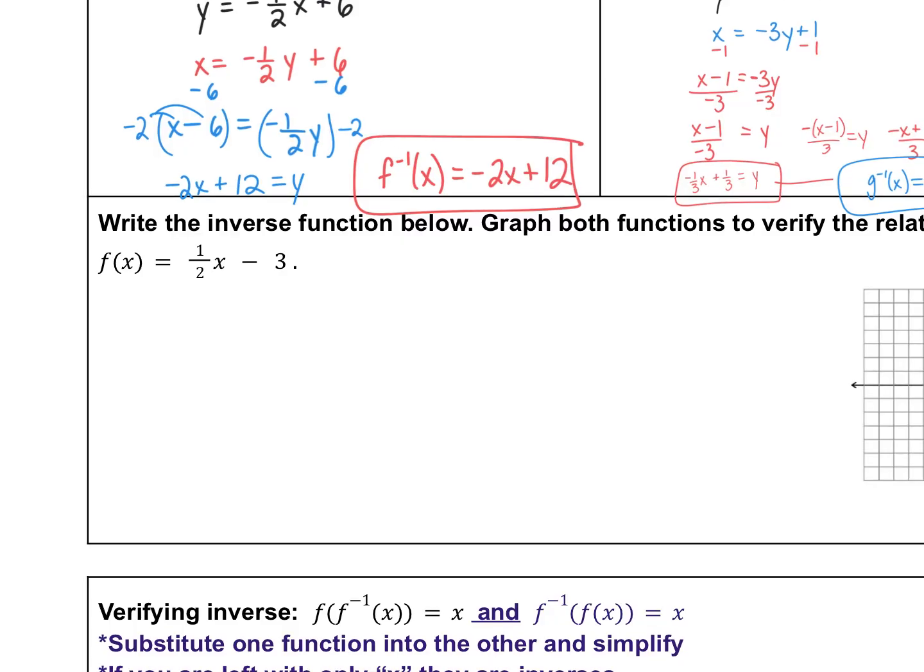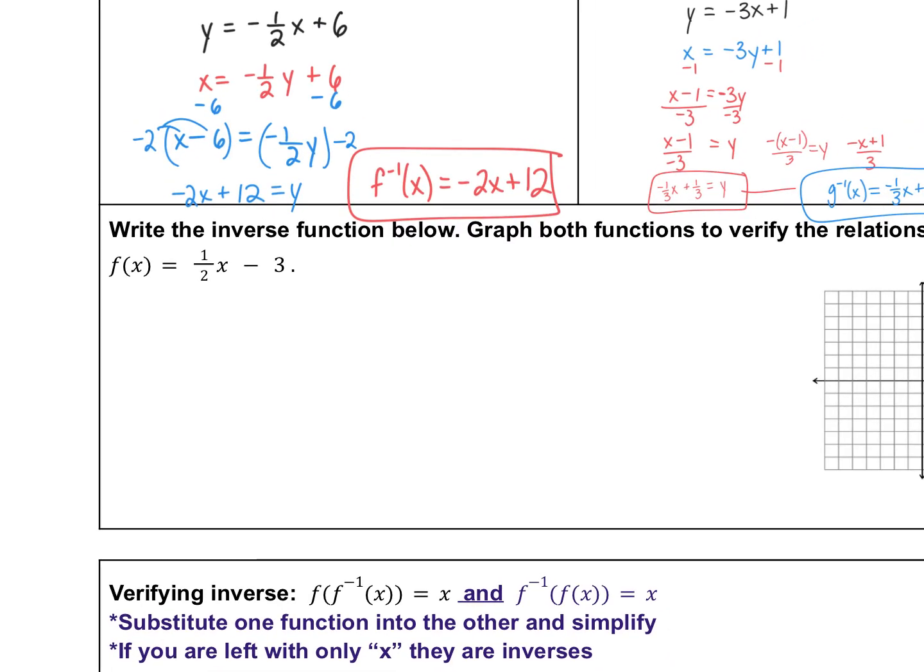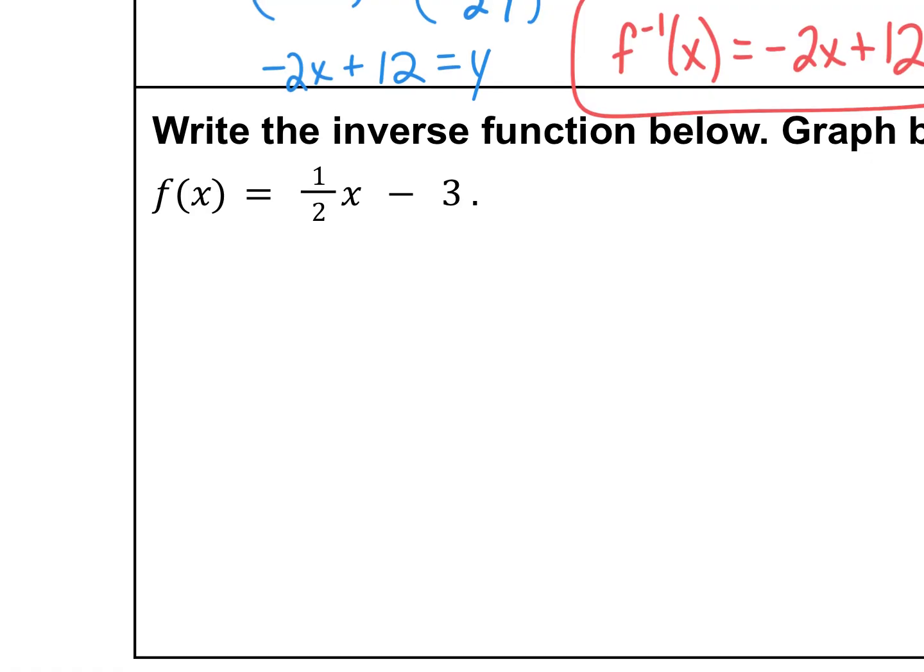Okay. Starting with finding the inverse with algebra, right? Okay. Help me out. What are we doing? Step 1. Yep. And then switch the x and y. And then add the 3.